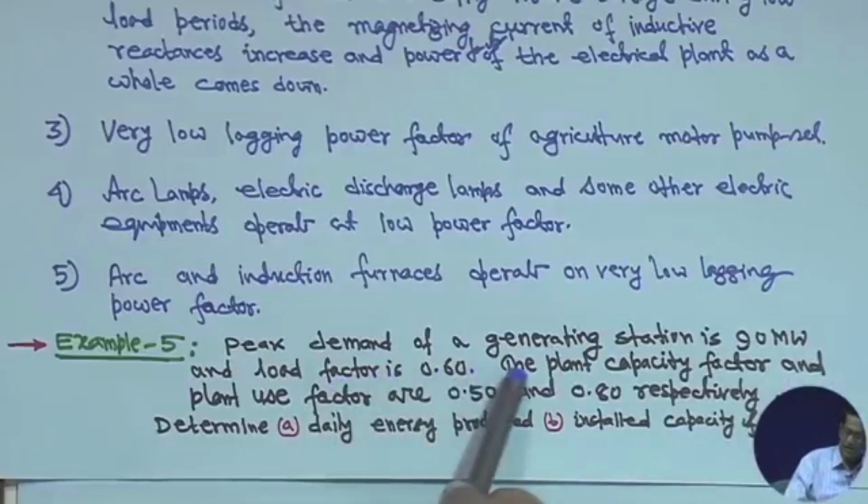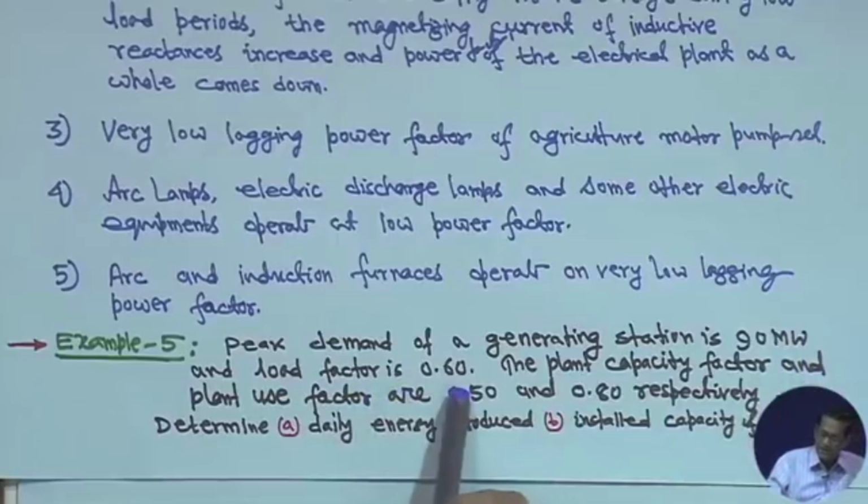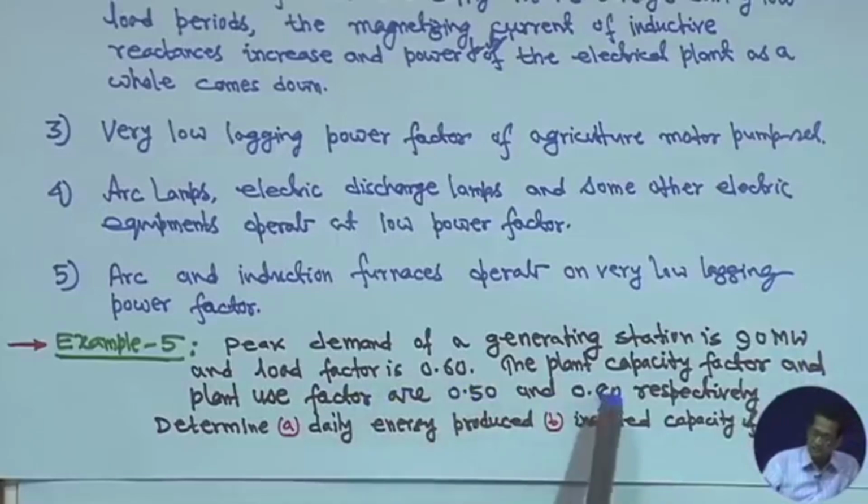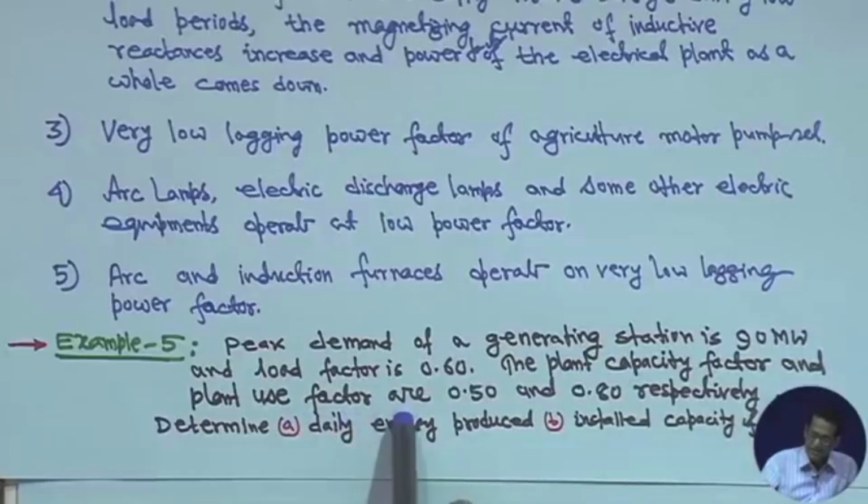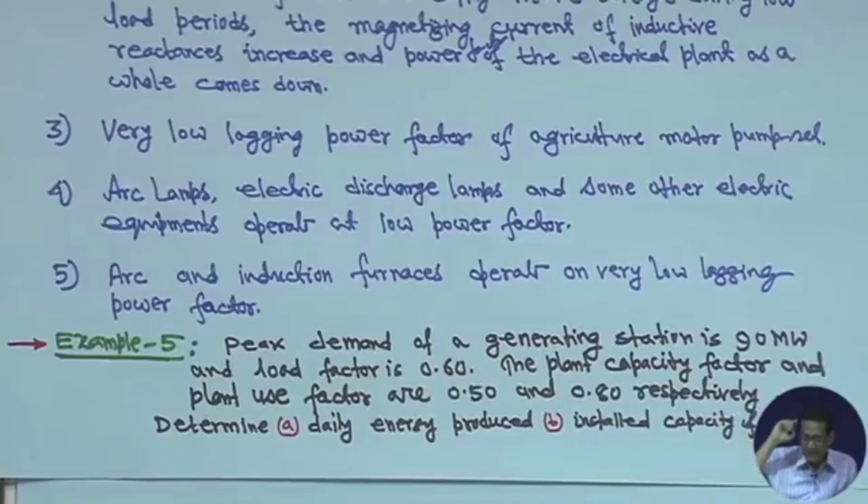A peak demand of a generating station is 90 megawatt and load factor is 0.6. The plant capacity factor and plant use factor are 0.5 and 0.8 respectively. This plant capacity factor and plant use factor we have discussed earlier, right.